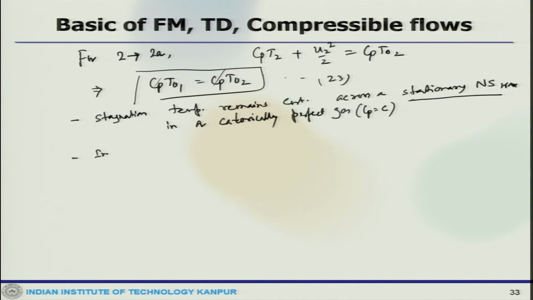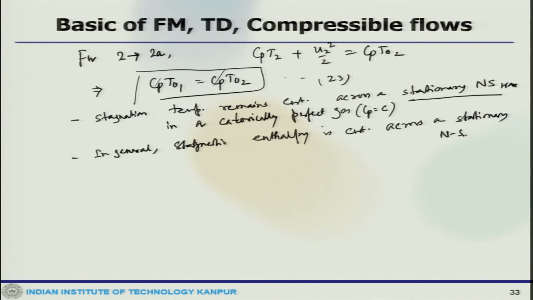In general, the stagnation enthalpy is constant across a stationary normal shock.